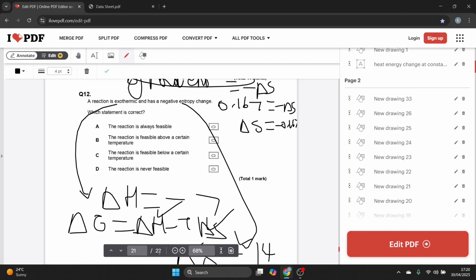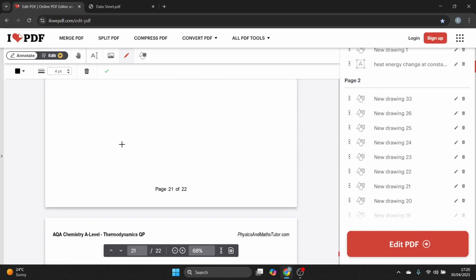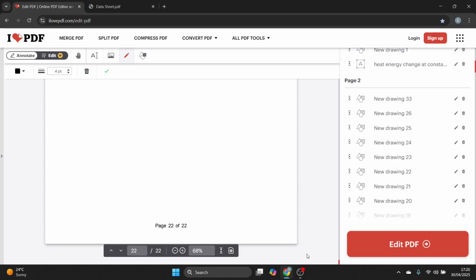Well, if both delta H and delta S are negative, that tells me the reaction is feasible at lower temperatures, so below a certain temperature. Yeah, that's what it tells me. The reaction is feasible below a certain temperature. And that is the end of this question paper.